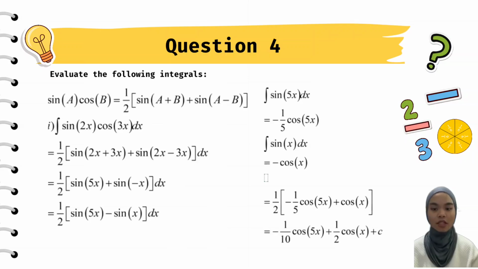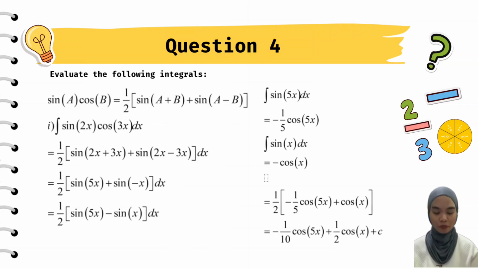We use the equation sin A cos B equals 1/2 times [sin(A + B) + sin(A − B)]. And we can get 1/2 [sin 5x + sin(−x)] dx. Then we integrate 1/2 [sin 5x − sin x] dx.